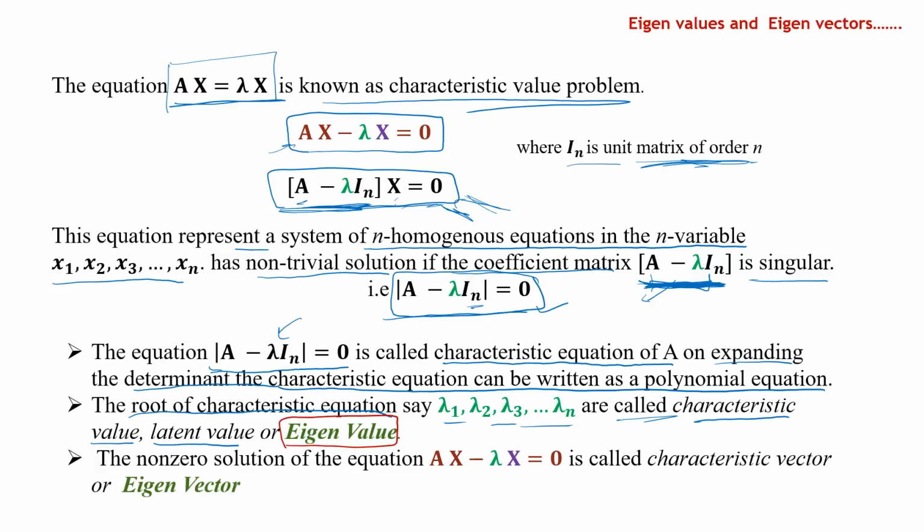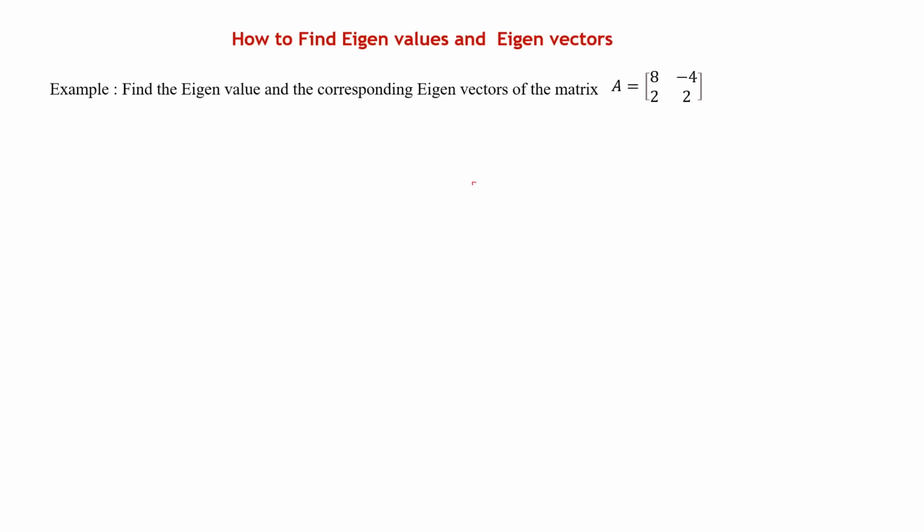And the non-zero solution of that equation is called the characteristic vector, or eigenvector. Now, how to find the eigenvalue and the eigenvector?